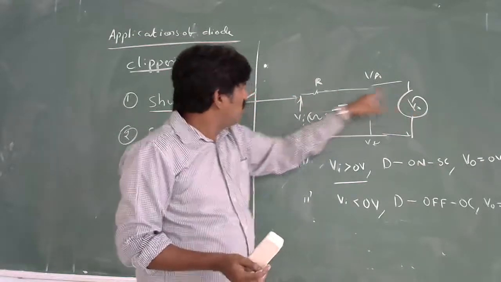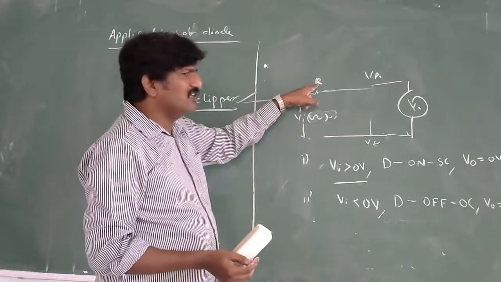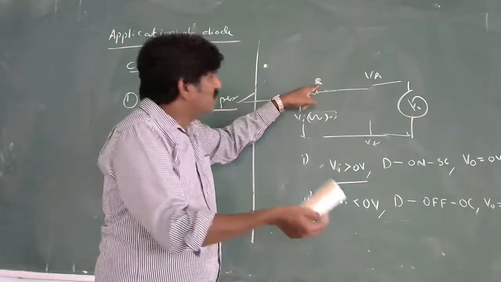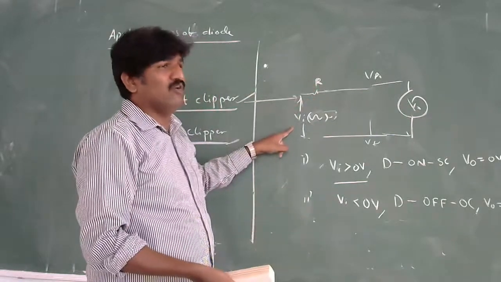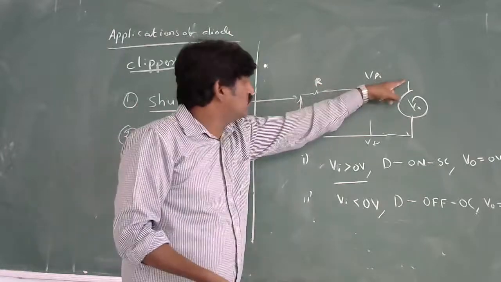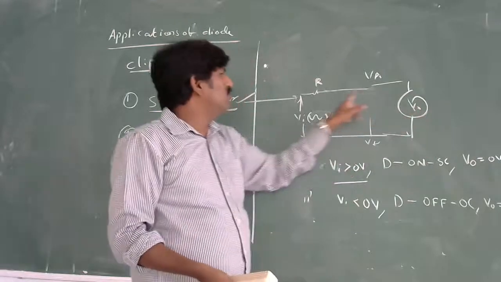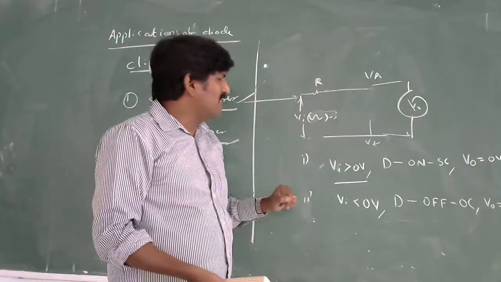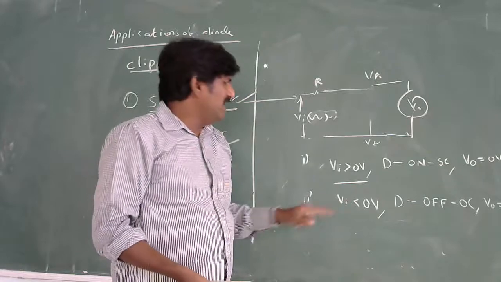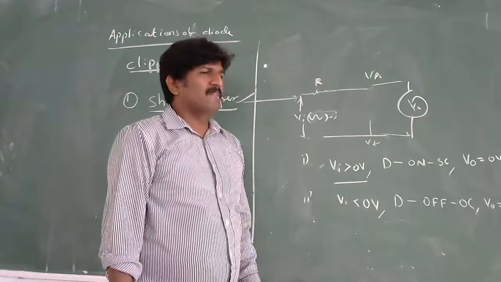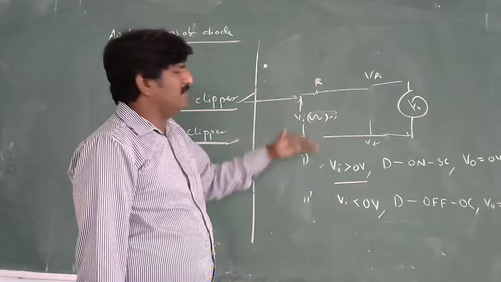What is V naught now? Vi. Though there is a voltage drop across R, it gets its voltage from Vi only. So this total voltage is coming at the output terminal. This output terminal voltage is equal to Vi when Vi is less than 0 volts. This is the understanding of the clipper.